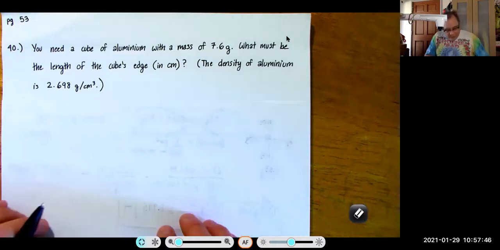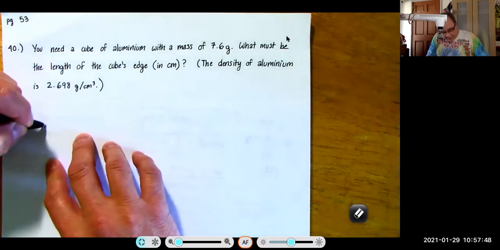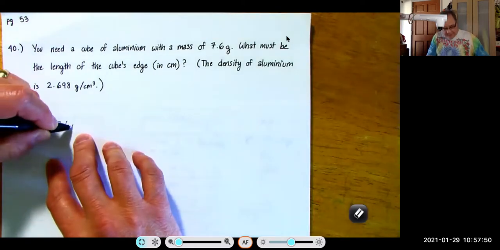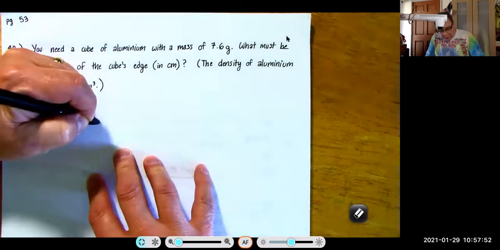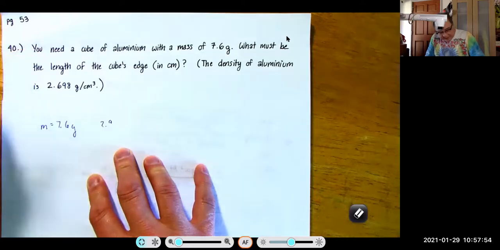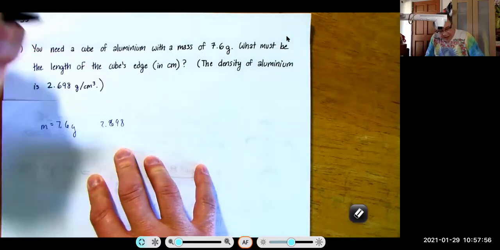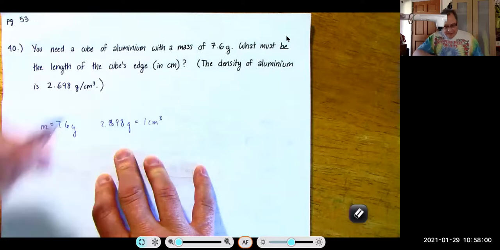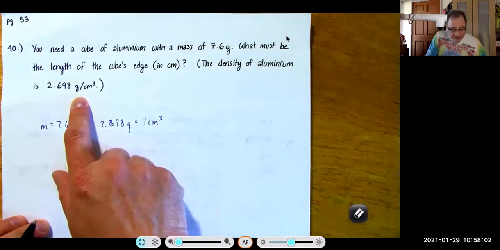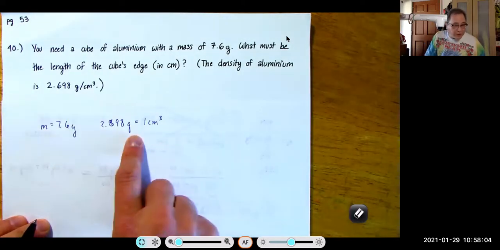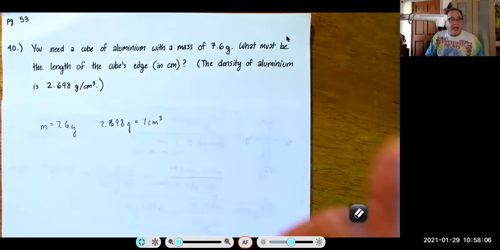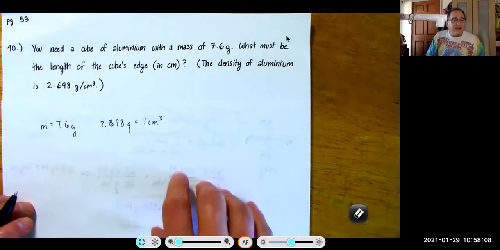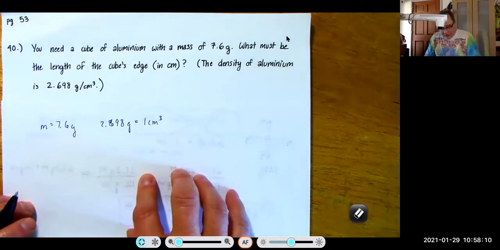Okay, so I'm going to write mass is equal to 7.6 grams. I'm going to put 2.698 grams is equal to 1 centimeter cubed. I know this is written as a ratio, but I write it as an equality. And I know that I want the length of an edge.